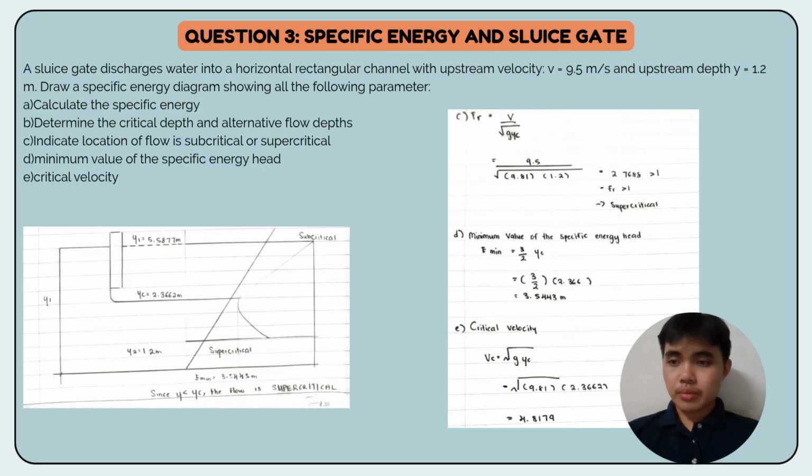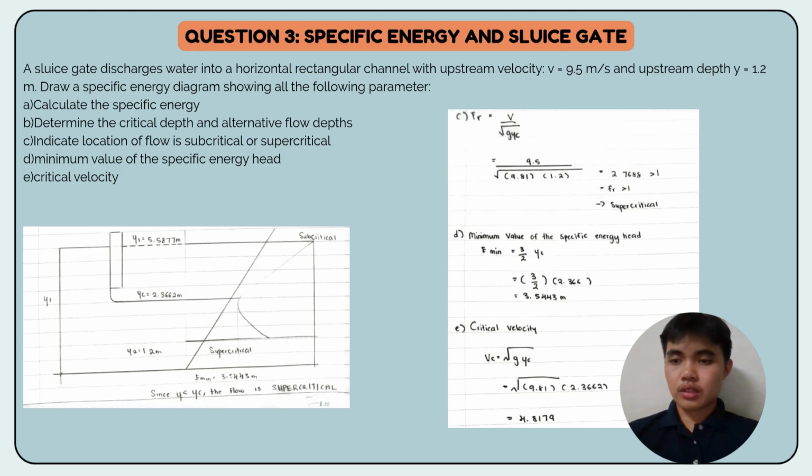Next, the minimum value of the specific energy head, E min, equal to 3 over 2 Yc. So 3 over 2 times 2.366, we get 3.5443 meters.